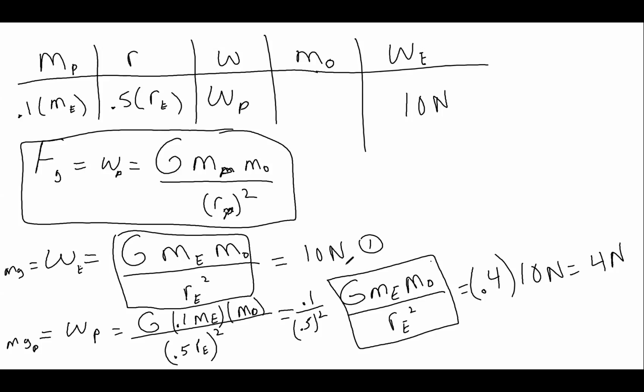What some students have done in the past, and this is very laborious, is they know that the mass is the same on the earth and on the moon. So they find the mass. In other words, they say, okay, I know that weight equals mg, so I'm going to find the mass of the object.